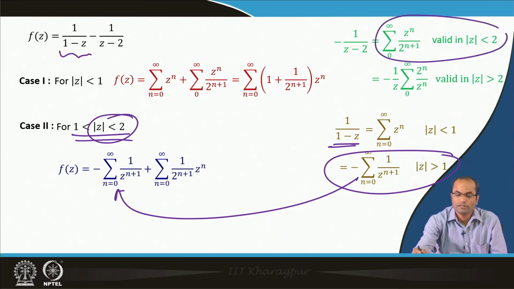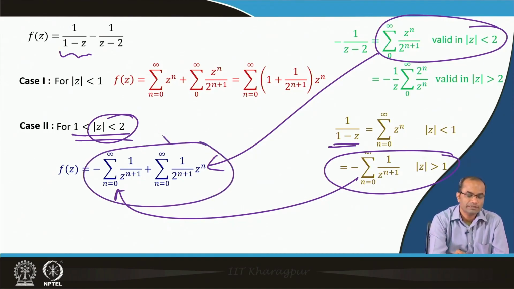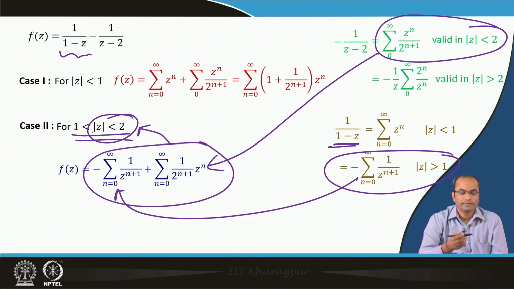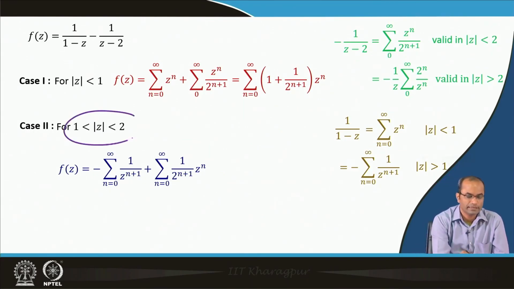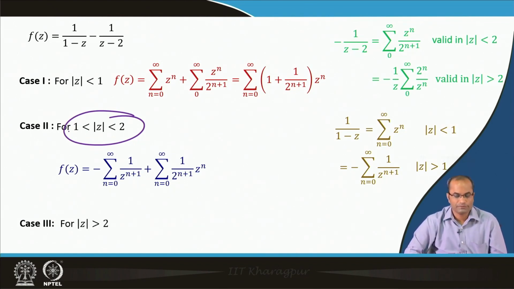So, again this first one here is valid for mod z less than 2, we will use that expansion here, and then we have this as a valid expansion in this region, because both these series are valid in the given domain. So, we have another expansion here which is valid in this annulus, and what is interesting is that we now have both positive and negative powers in our expansion, and this is the typical scenario where we have the Laurent series containing positive and negative powers of z.